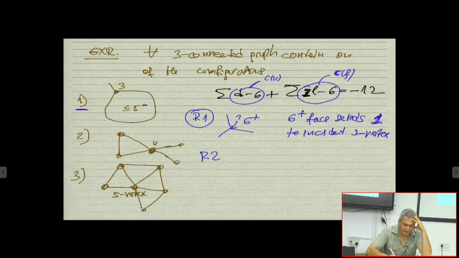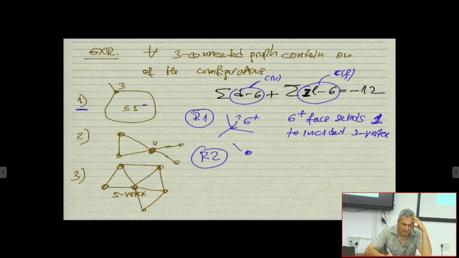Rule R2. For a face, you have charge how much? 2L minus 6. So for a vertex, a 4 vertex is in deficit.